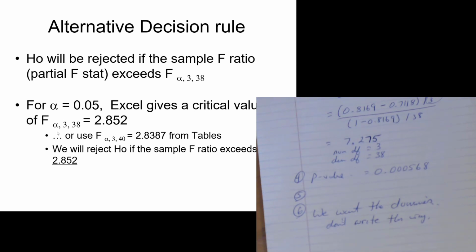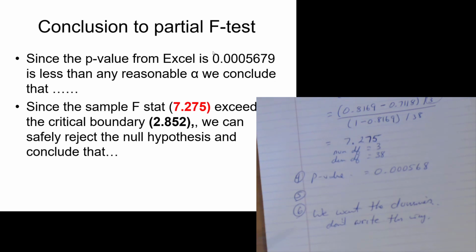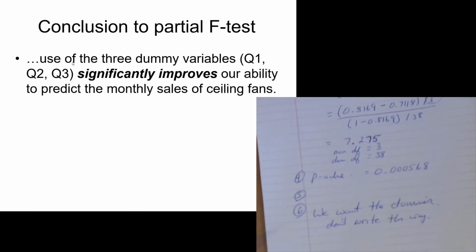You can find this F critical value by using the F.INV.RT function, but it's not immediately important to us. Okay, so there's our p-value, which we already know what it is, and use of the 3 dummy variables significantly improves our ability to predict monthly sales of ceiling fans. That's the nice way. Colloquial way is, we want dummies, we want dummies.